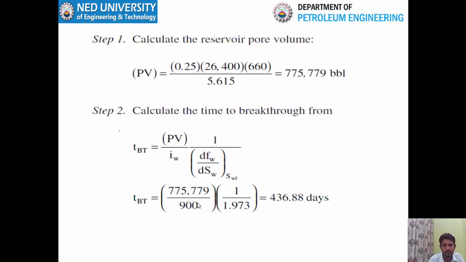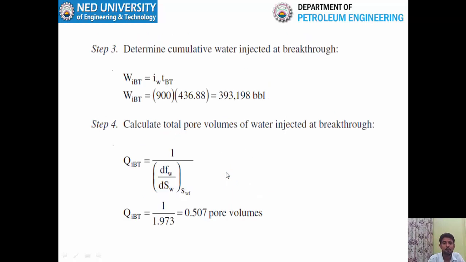First you will calculate the pore volume, then the time to breakthrough from the pore volume, injection rate and the slope at SWF. Similarly, you will calculate the cumulative water injection at breakthrough by simply multiplying the water injection rate by the time of breakthrough. And to calculate the total pore volumes of water injected at breakthrough, you simply invert the slope at SWF.